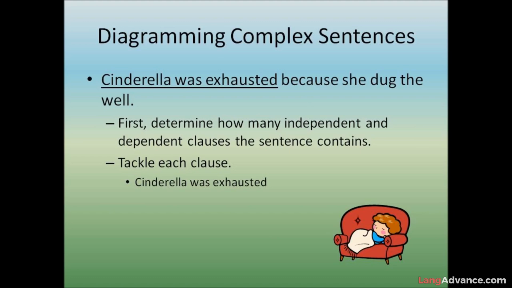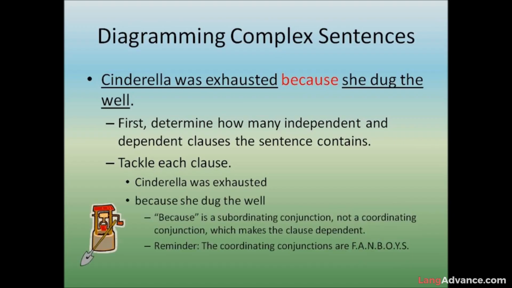It is an independent clause. The second clause is she dug the well. It seems as though this could stand alone, but the 2 clauses are connected by the subordinating conjunction because. So that makes the second clause a dependent clause.